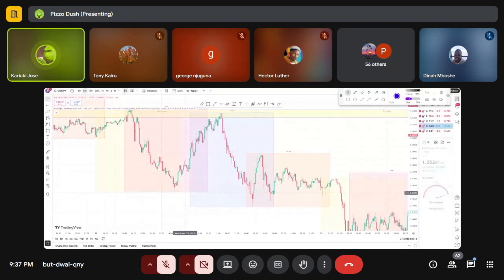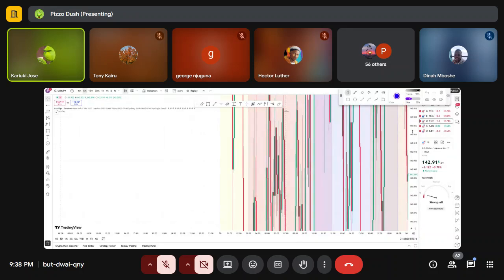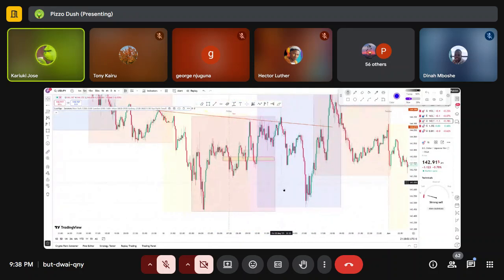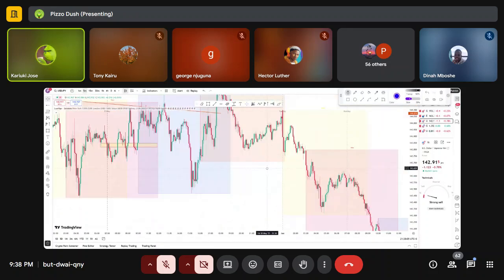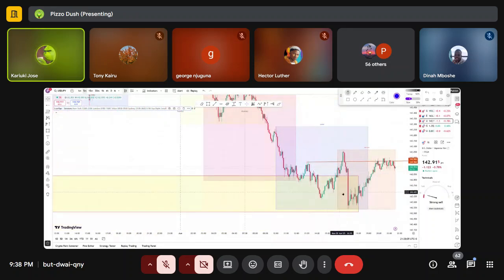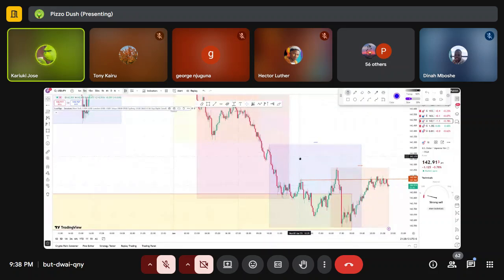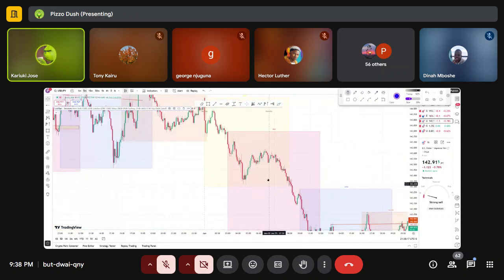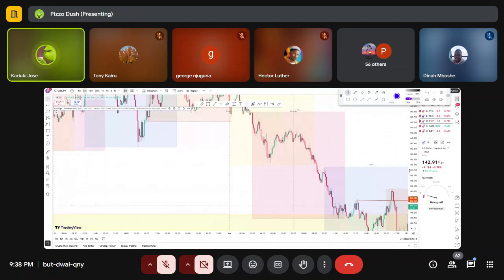Kama ni USDJPY, ujue inakuwa active kwa session gani. So usijipate ukichanganya ukiweka volume profile kwa Sydney na ni USDJPY. So mostly USDJPY inakuwa active New York and Tokyo.